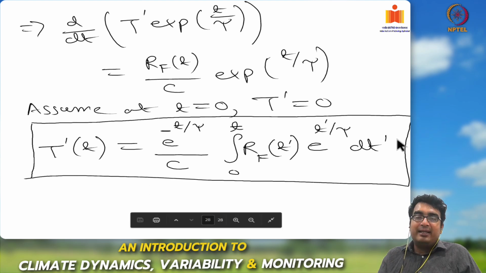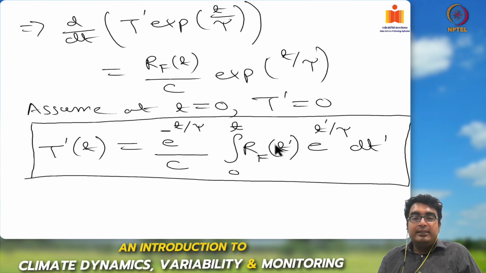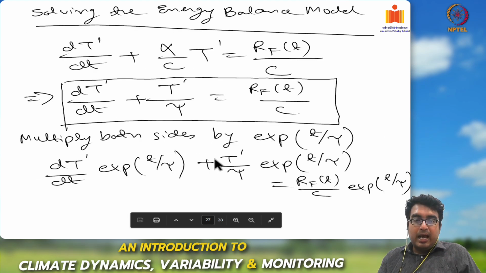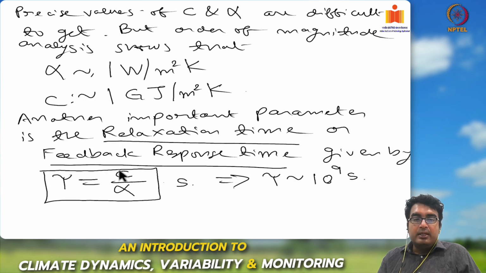If we get the functional values of the radiative forcing term, then we can exactly evaluate how the temperature perturbation is changing with time. Given that you know C, tau, etc., remember tau is C by alpha.